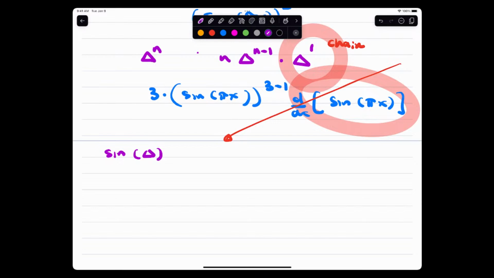Would you guys prefer letters or the shape? Doesn't matter to me. If your function is sine u, the derivative is cosine u times du dx.